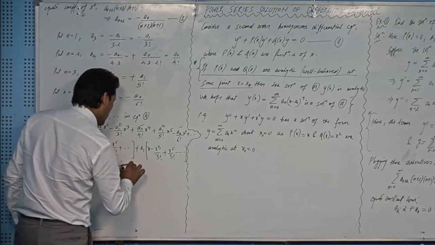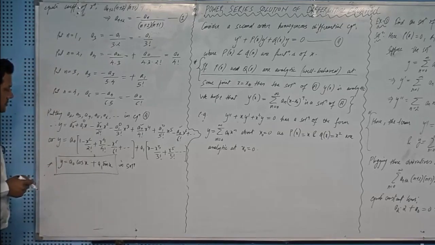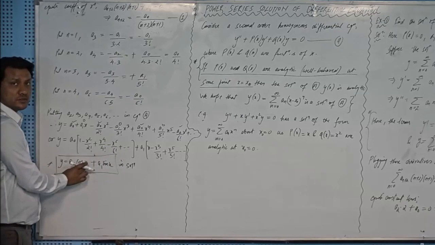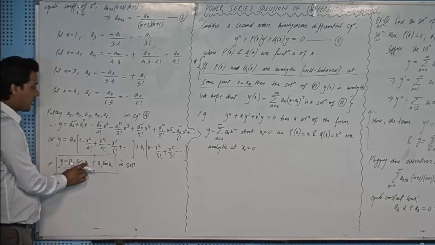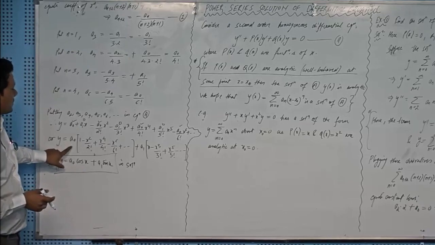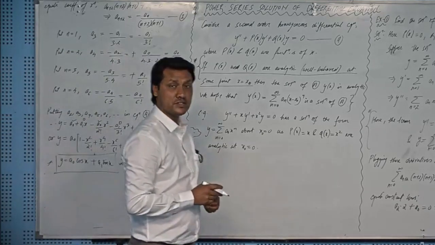And at this point, it is not always possible to write this whole series in terms of a closed function, right? It is not like that every time, but somehow we will reach this point. It means that we will somehow solve the differential equation.